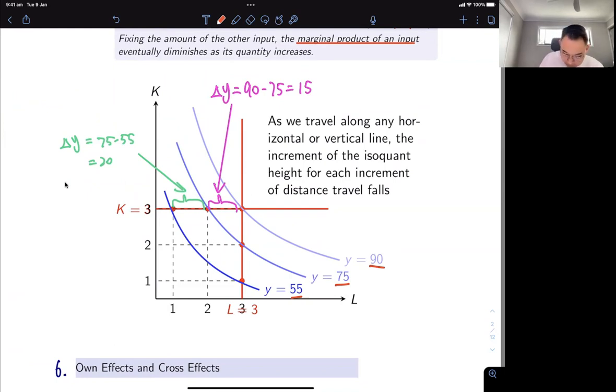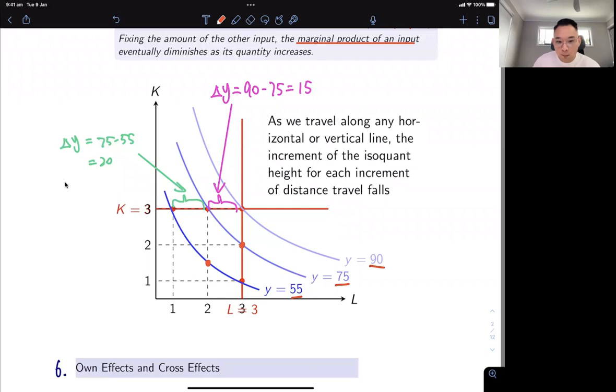How can you say that? Okay, you can see over here. Then we become over here, right? That's an increment of the input level. It has given us an increase of output of 20 units.